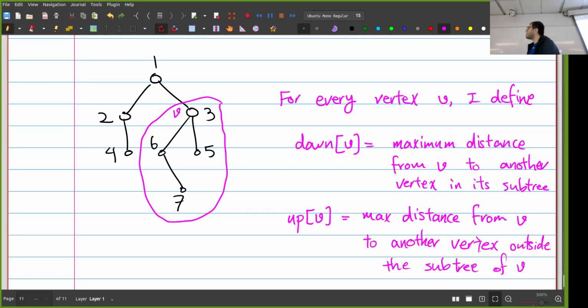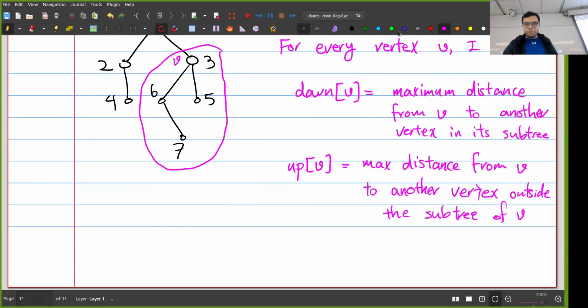Now, we know how to calculate down values because they're basically heights. And we talked about this. We said that we can do a bottom-up dynamic programming and calculate these things. So basically, if you remember, we have this recurrence relation.